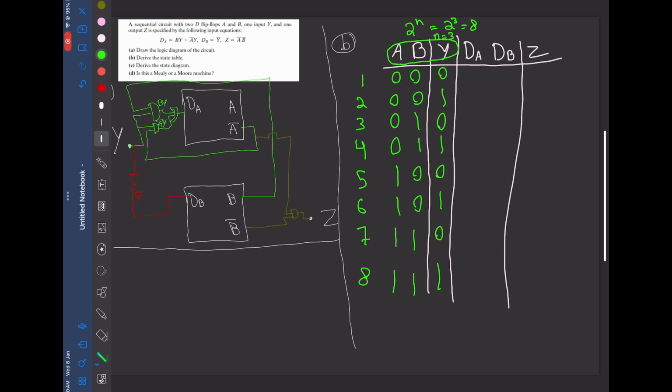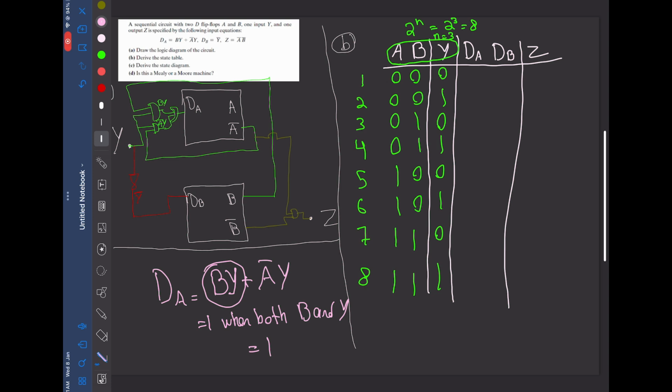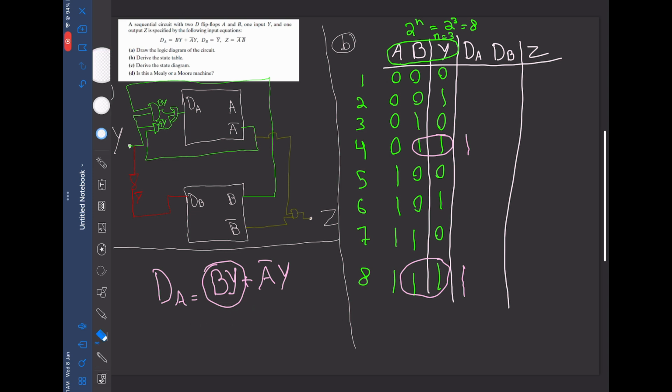Okay. Now, to bring the DA, we have to use an equation. The equation is this one, the one that is put in the above picture. Okay, first of all, for there to be one, BY should have B equal 1 and Y equal 1. So in what case? Here and here. Now the A bar Y should have A bar equal to 1 and Y equal to 1.